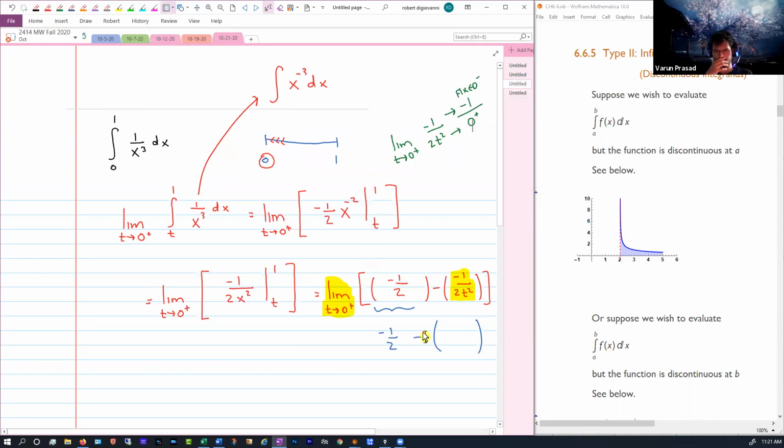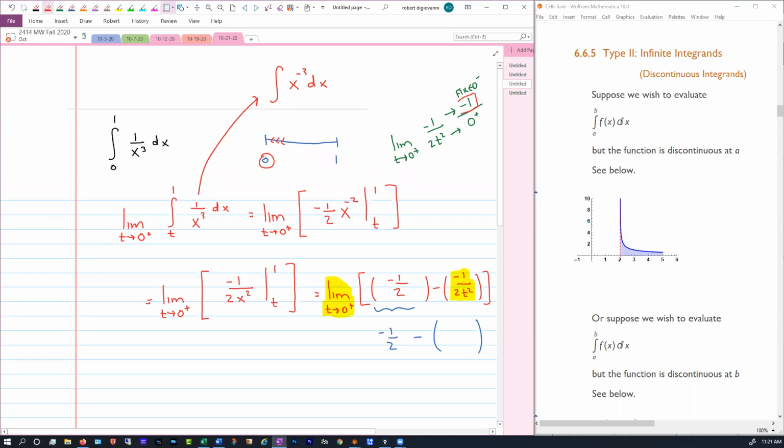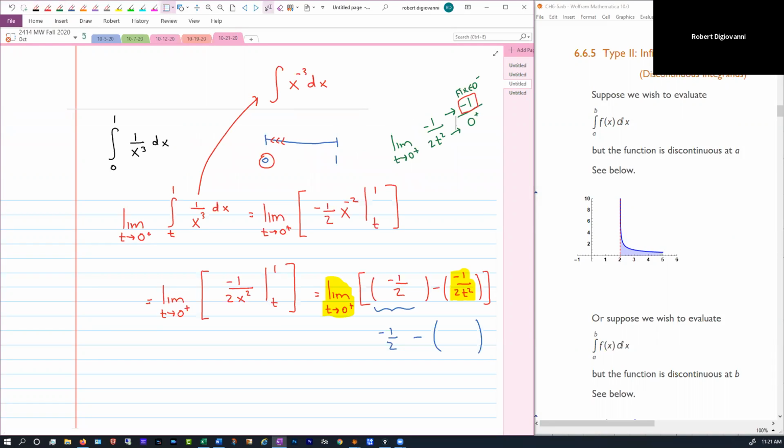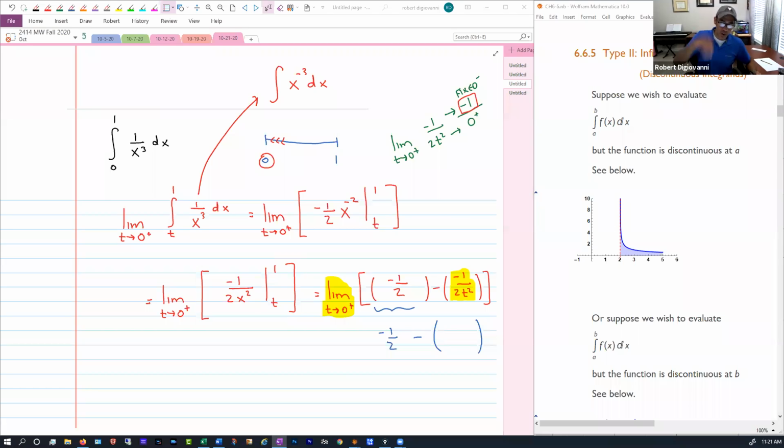So for us here, we had a fixed number on top, right? -1, that's a negative number always. And then on the bottom, we're approaching 0. I put a little plus sign here because think about what 2t squared would be. Yes, it's getting smaller, but it's always positive, right?